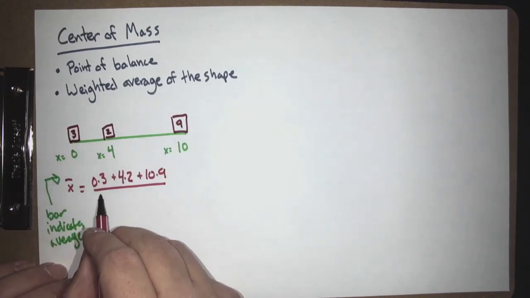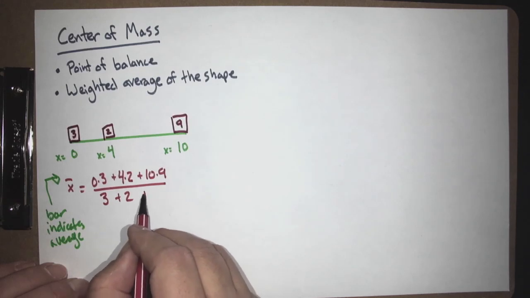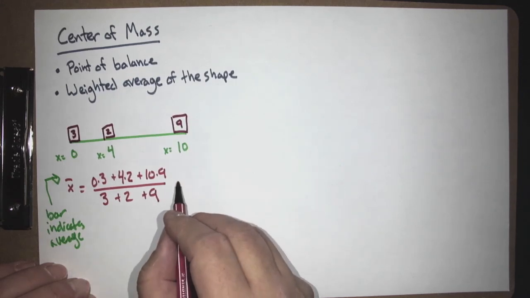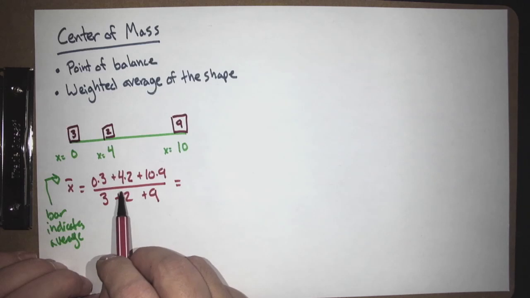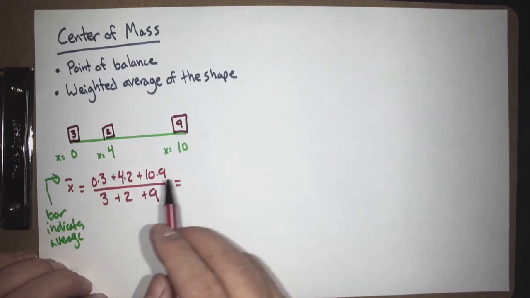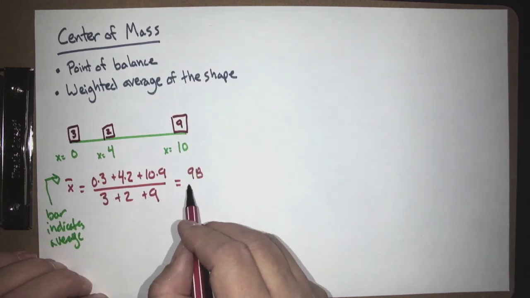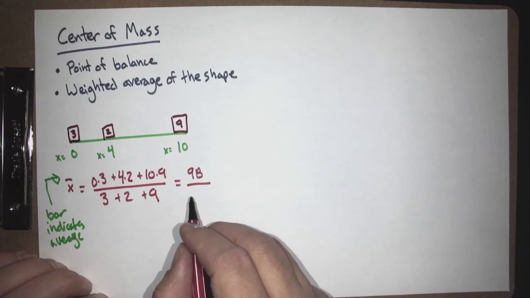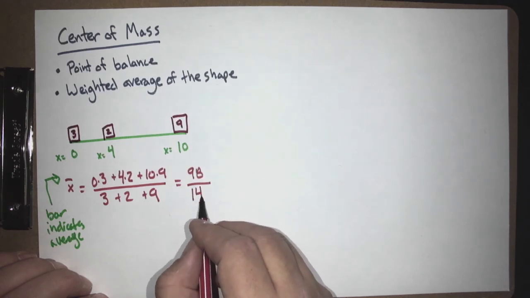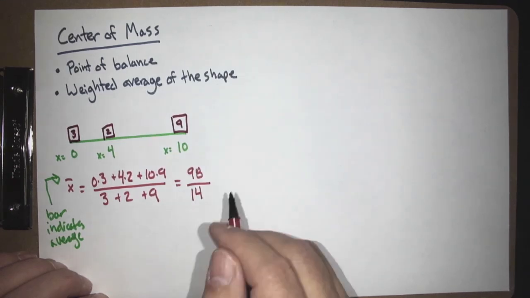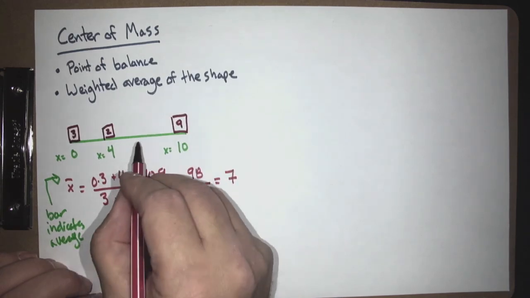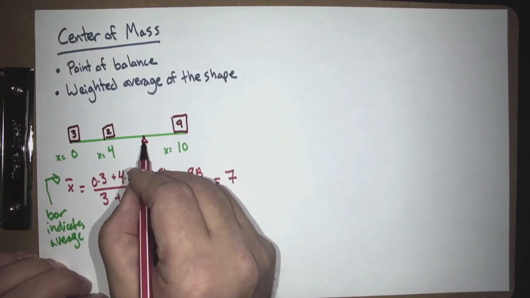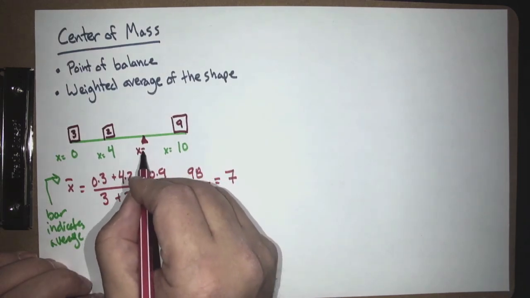Then I ask, how many votes were there? 3 plus 2 plus 9. We add these up. What do we have upstairs? 98. What do we have downstairs? 14. 98 over 14, also known as 7. So the point of balance is at 7.